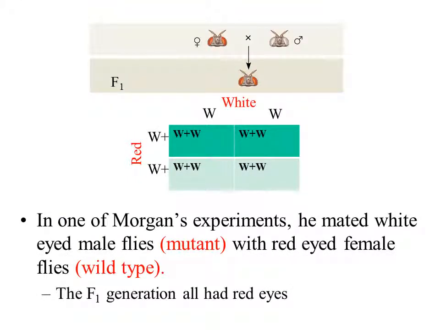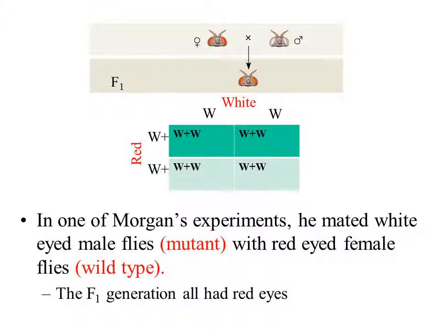In one of Morgan's experiments, he mated white-eyed males with red-eyed females. This cross is in the image above. He took a purebred red-eyed female and a purebred white-eyed male.